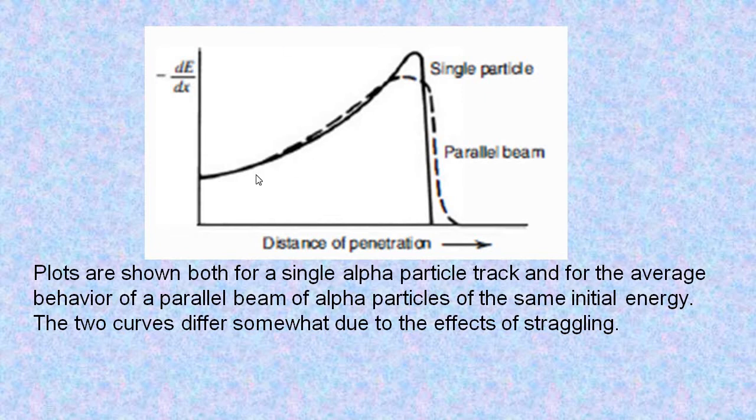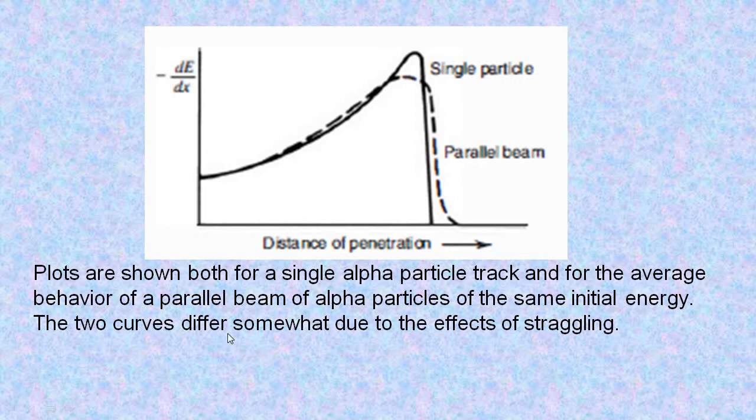And if you are using single particles as well as beams, there will be some difference. You can see that this is the Bragg curve for a single particle. For an alpha particle, we have already shown this. And this dotted curve shows that of a particle beam. The difference is between a single alpha particle track and the average behavior of a parallel beam of alpha particles of the same initial energy.